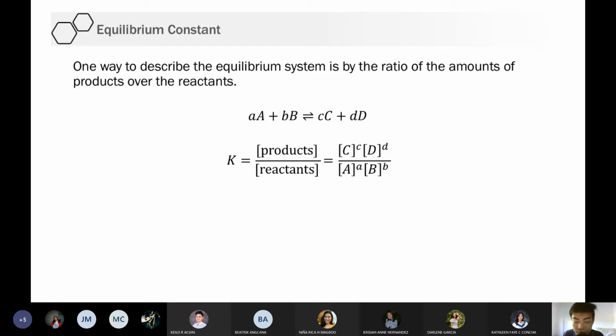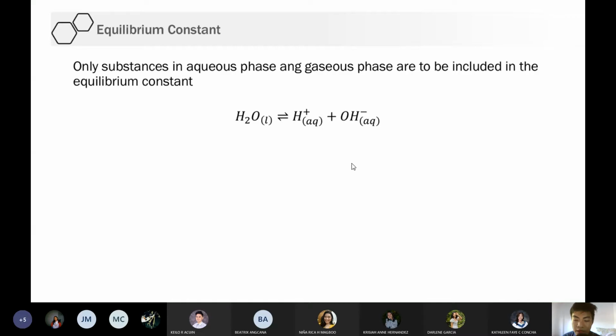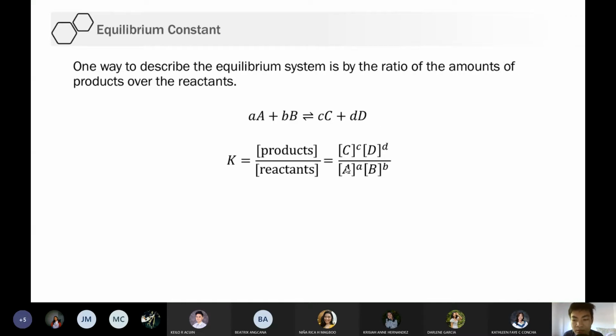So in writing the equilibrium constant, we have two ways of writing it. We can either use the Kp or the Kc. When we say Kc, this pertains to the equilibrium constant wherein the concentrations of your species are expressed in molar units, that is, moles per liter.